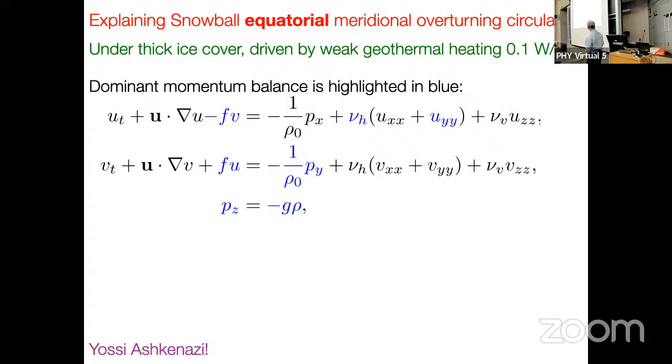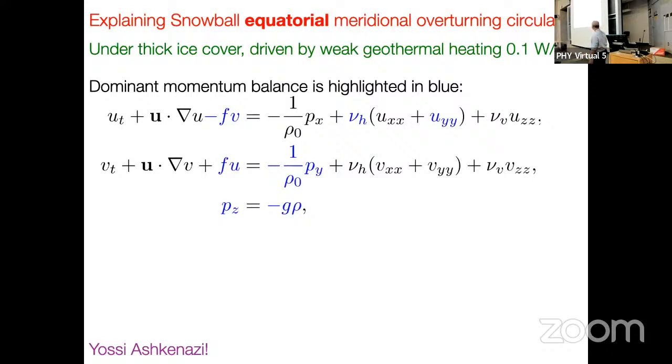You write the momentum equations. You identify only the terms that are important, and these terms are highlighted in blue. So even though the MIT GCM has all of these terms, you have one viscosity term that's important, the Coriolis term. In this other one, it's basically geostrophic and then hydrostatic. And you remember that f around the equator is just equal to beta y.